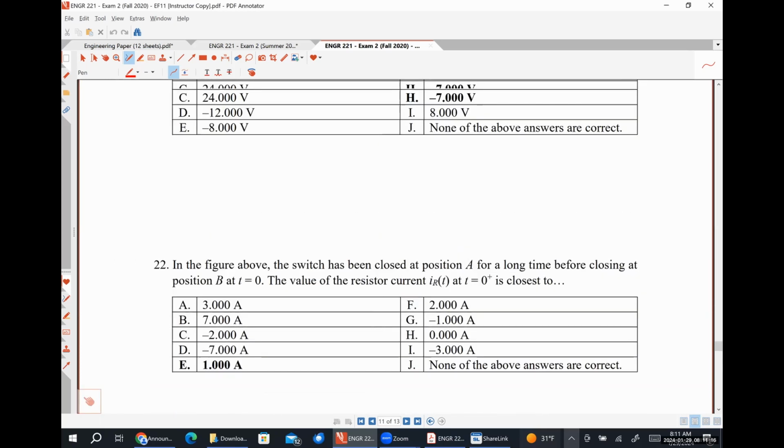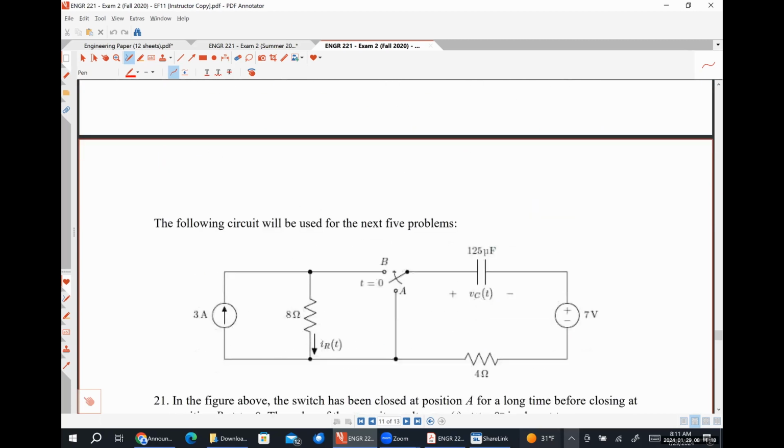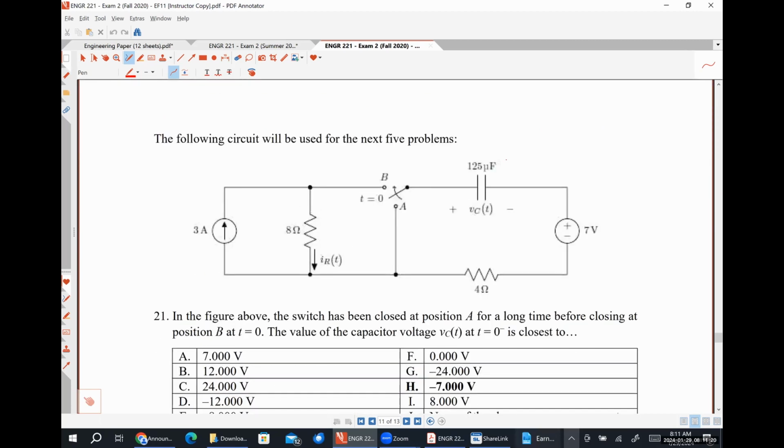All right. Yep. So for this particular problem, the switch is closed at position B during the transient condition. Okay. So here are the terminals of my capacitor.